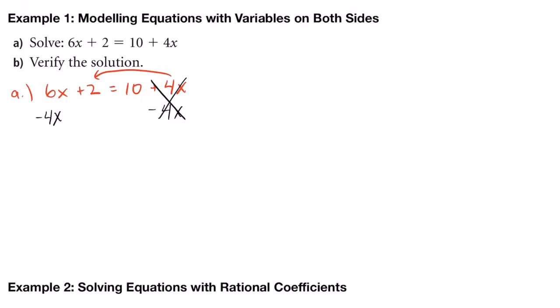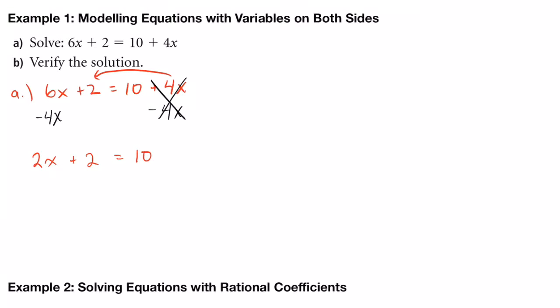So now I'm going to rewrite my equation. You have to remember how to add or subtract variables. So 6x minus 4x, well 6 minus 4 is 2. But this is the x family, so I need to include an x there, plus 2 equals 10. Awesome, so I have my variables all on one side, but the problem is I have this positive 2 there.